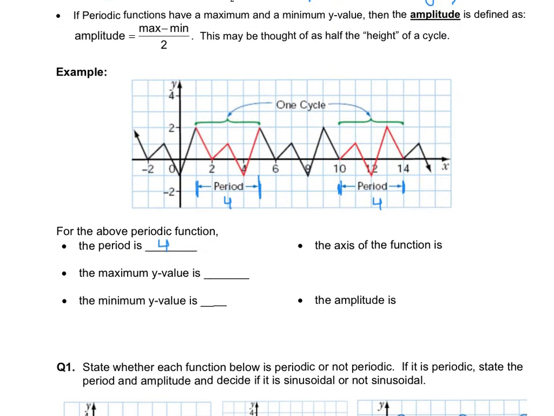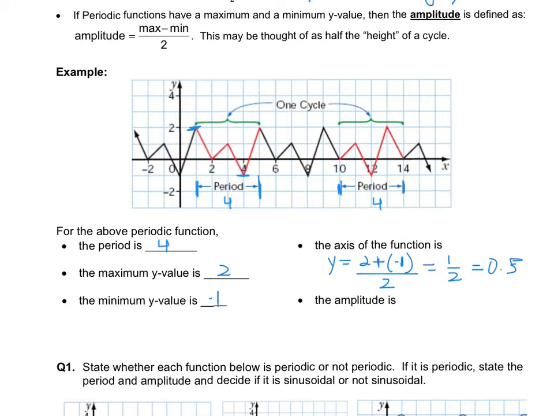The max in this case is 2, so the highest it goes is 2, and the minimum it goes to is -1. So our axis of the function is halfway between those two things. If we take those and add them together, 2 plus -1, and then divide that by 2, 2 plus -1 would be 1, divided by 2 is a half, or you could say the equation would be y equals 0.5.